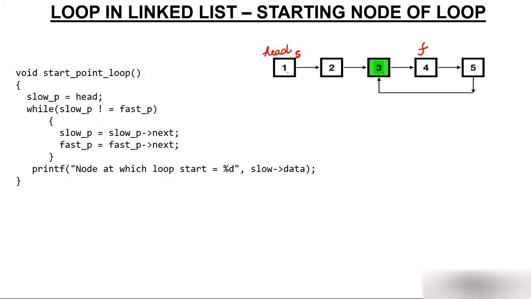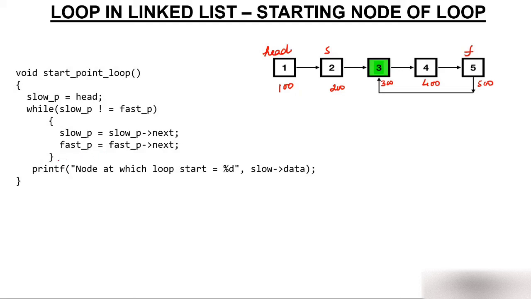This is head, the address is 100, 200, the address of this node is 300, this is 400 and this is 500. Now I'll check is slow not equal to fast? Yes, slow is 100 and fast is 400. It's not equal, so I'll increment both of them by a single step, slow to slow next, fast to fast next. So slow will come here and fast will come here.